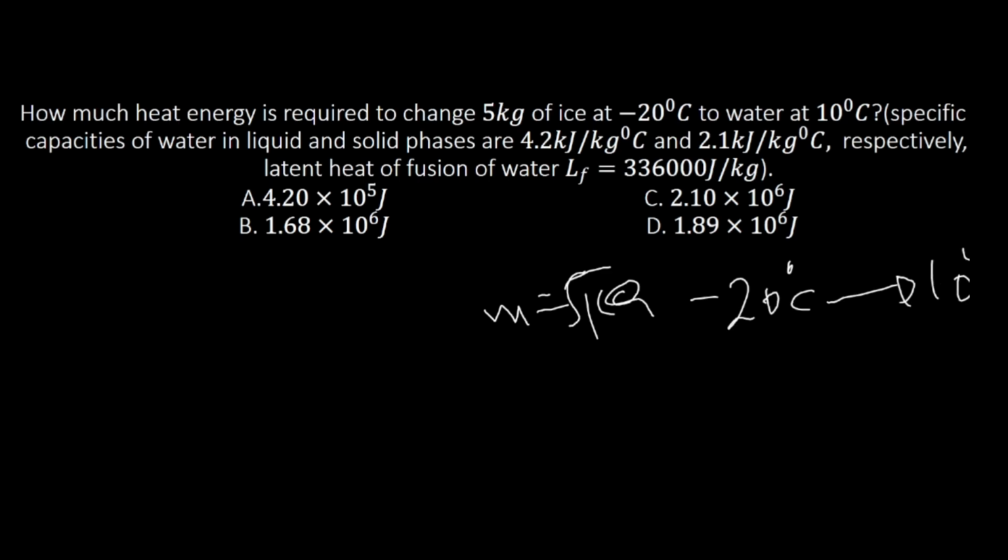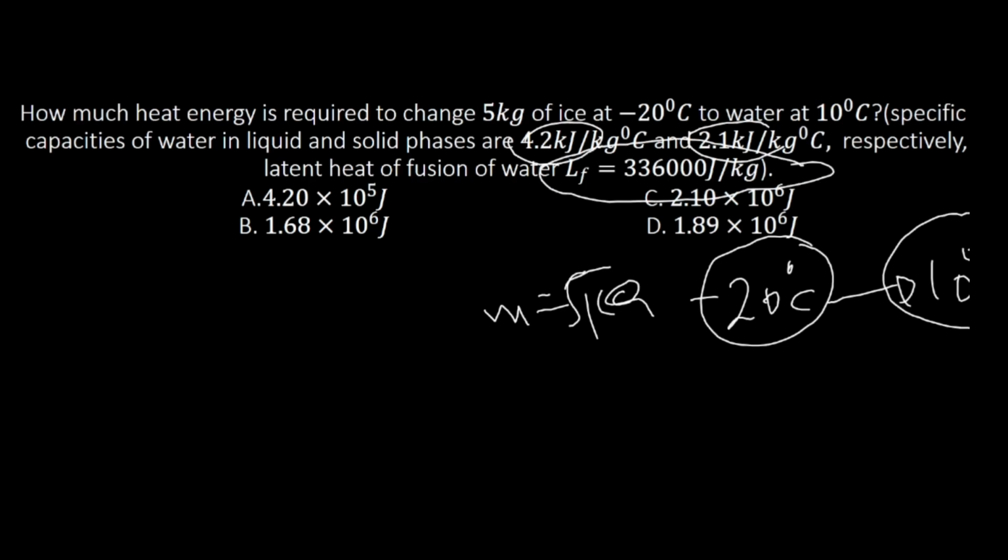The mass of the body is 5 kg. The temperature increases from negative 20 to 10 degrees centigrade finally. These constants are given: the specific heat capacity of water is 4,200 joule per kilogram degree centigrade, that of ice is 2,100 joule per kilogram degree centigrade, and the latent heat of fusion of ice is given as well.